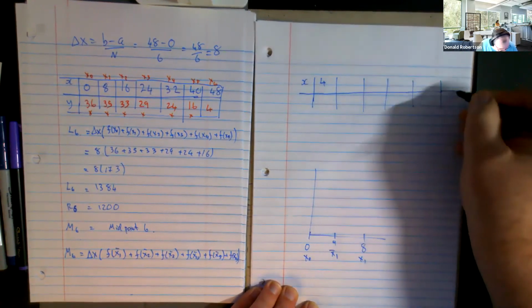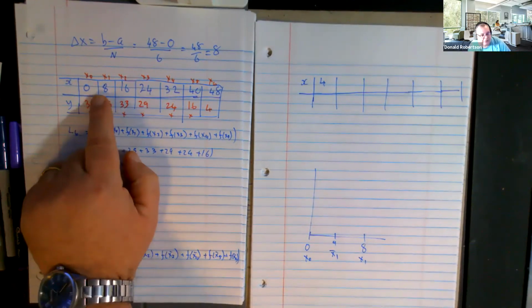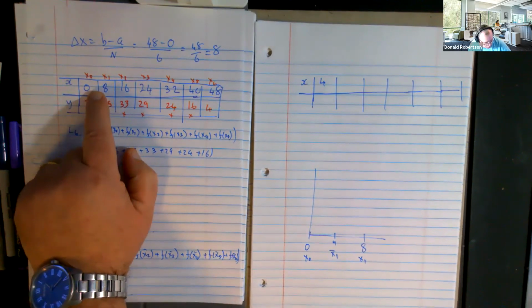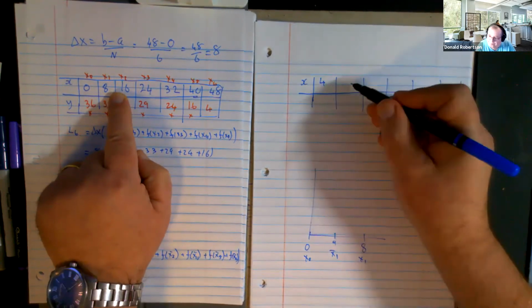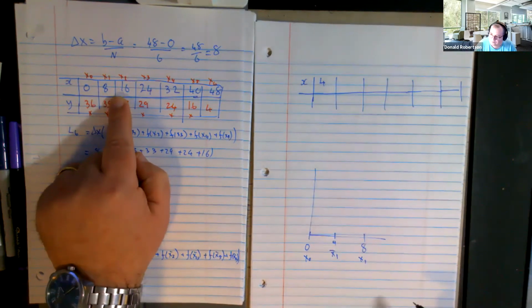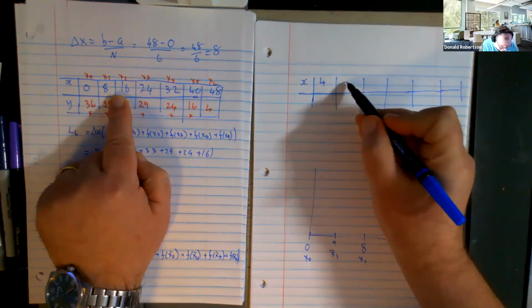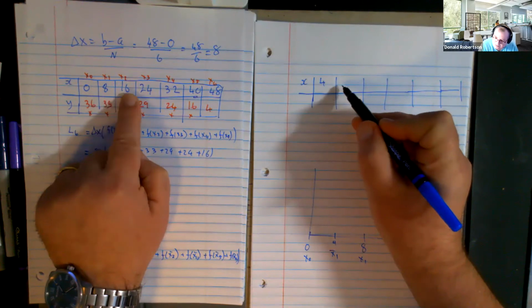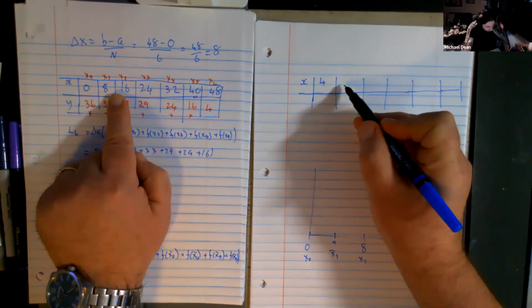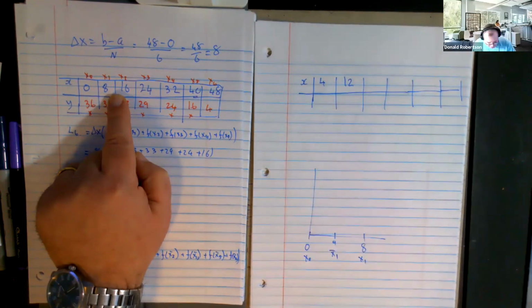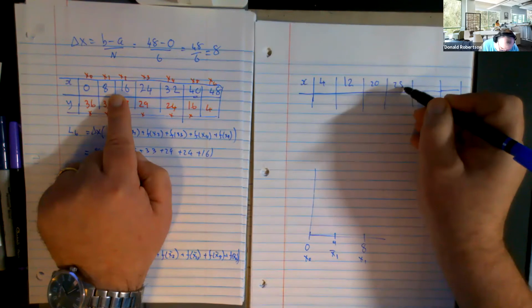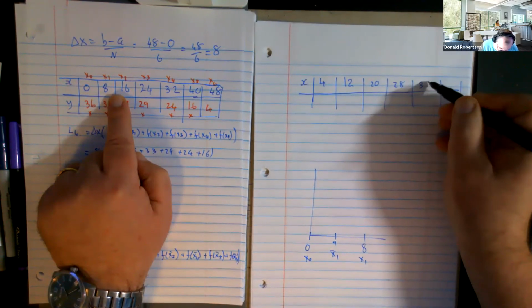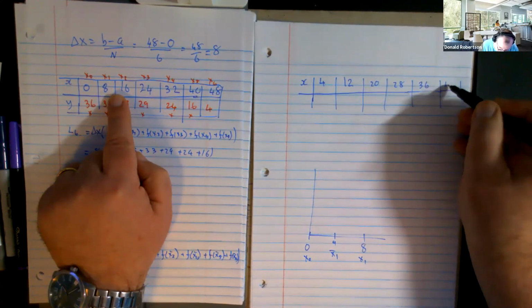Actually, we need to do all of them. So if the first midpoint is 4, what will the second midpoint be, the one that goes here? 8 on one side, 16 on the other. What's the middle? 12. Have you noticed that there's a connection here that allows me to do all the others without actually calculating them?